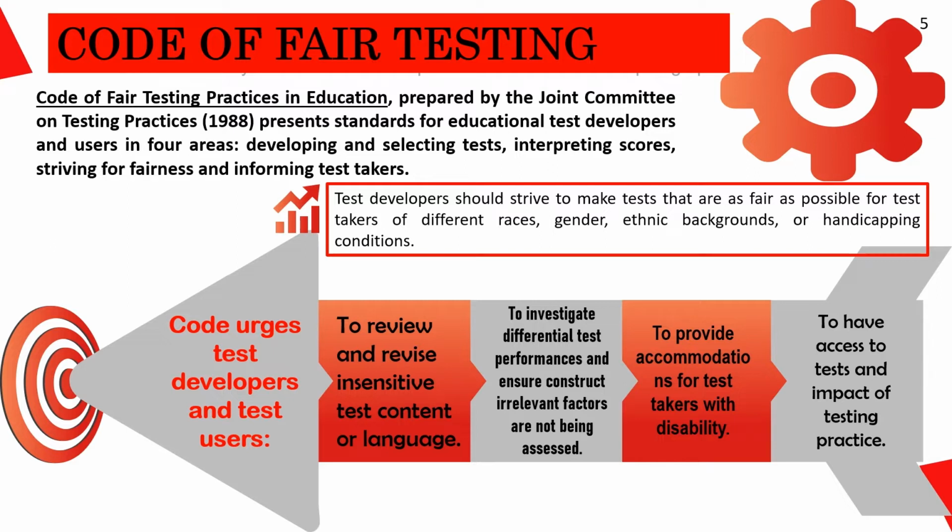The code urges test developers and test users to review and revise insensitive test content and language, to investigate different test performances and ensure construct-relevant factors are not being assessed, to provide accommodations for test takers with disability, and to provide access to tests and the impact of testing practice.